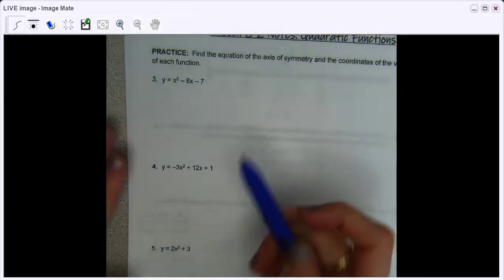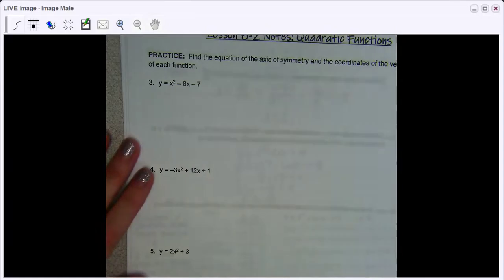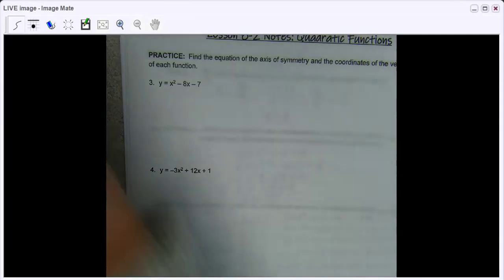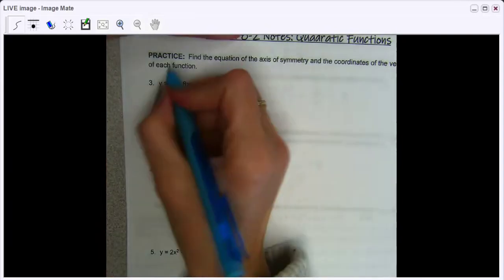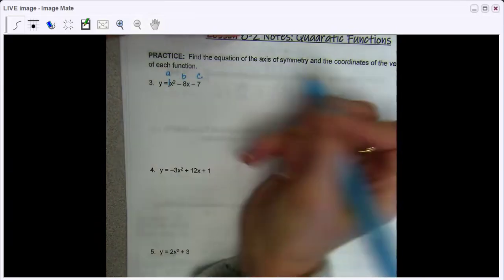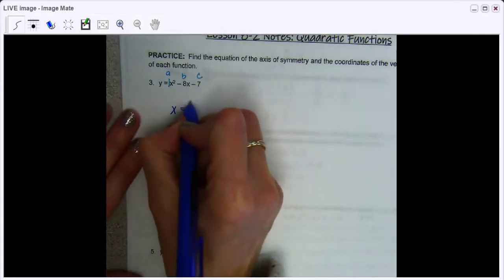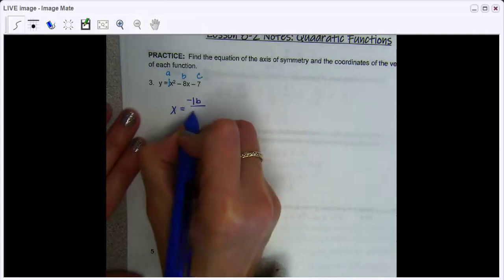All right. So find the equation of the axis of symmetry and the coordinates of the vertex of the graph of each function. So on this one, all we're doing is we're finding the vertex. We're not graphing. So the reason I put these on here is we want to practice finding the vertex. Okay. So remember that you have 1 here, which is A, -8 is B, and -7 is C. And our formula here is x equals -B over 2A.